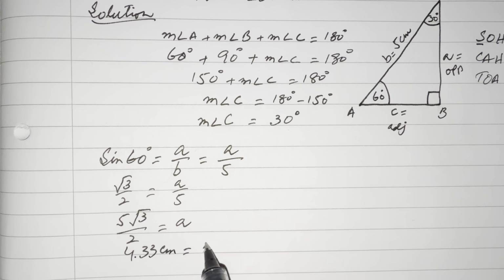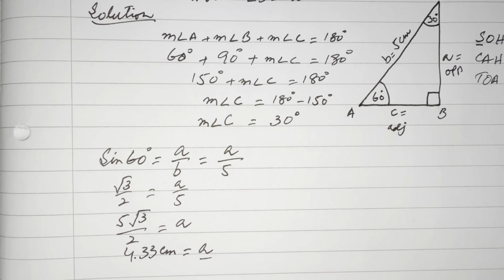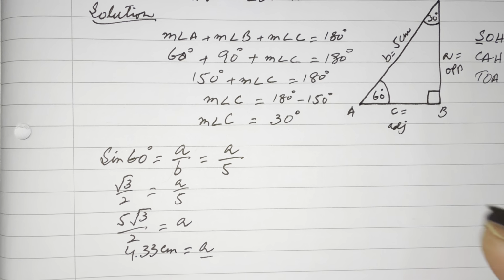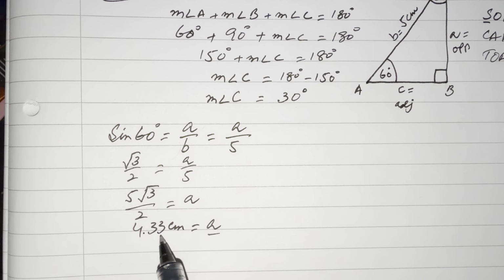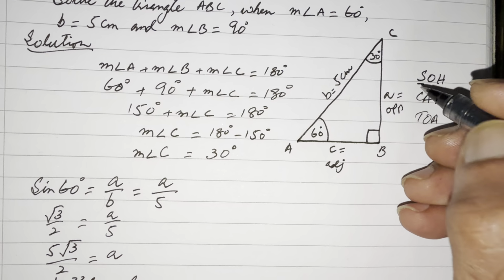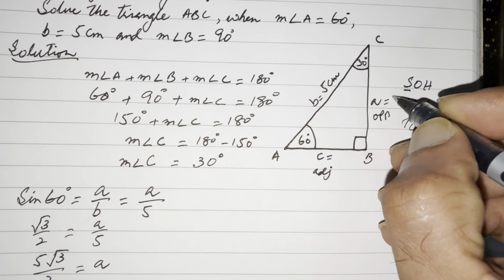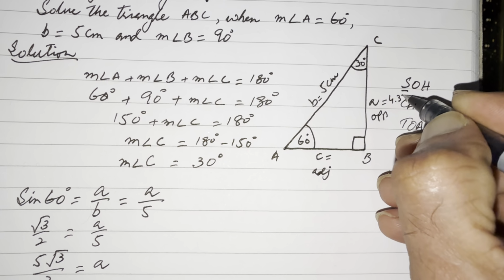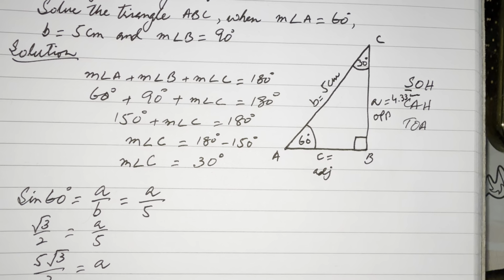4.33 centimeter is equal to A. So A is the length of the opposite side, which will be equal to 4.33. Now we can say that the value of A is equal to 4.33 centimeter.